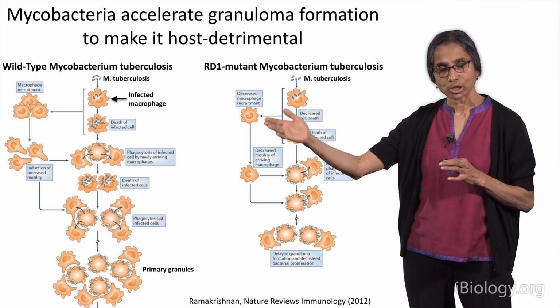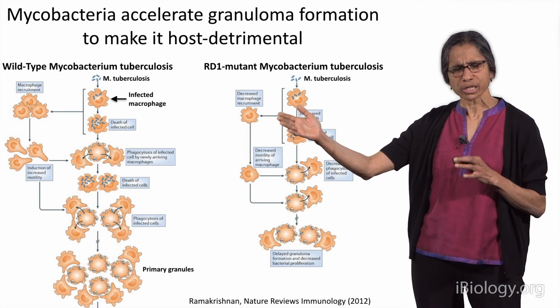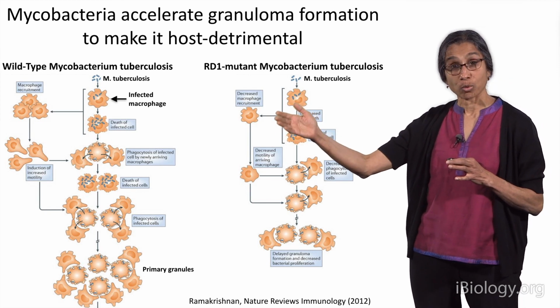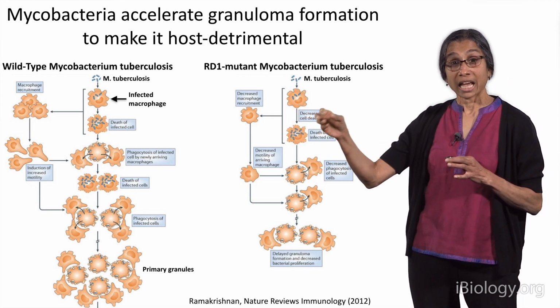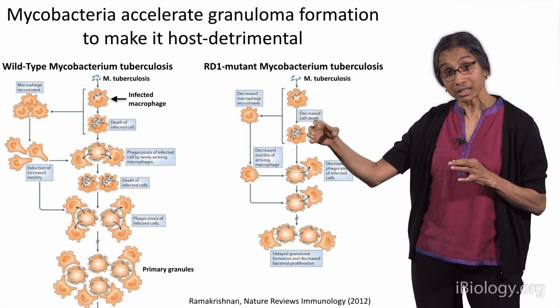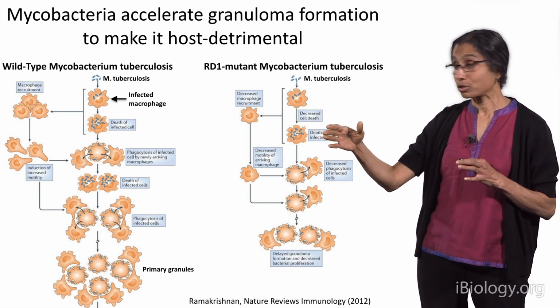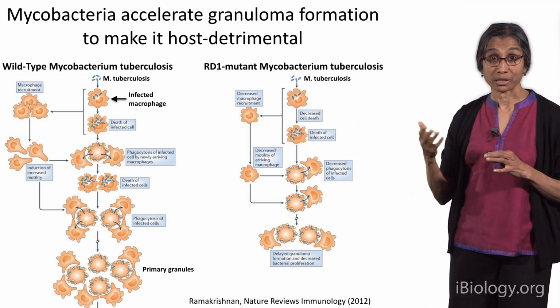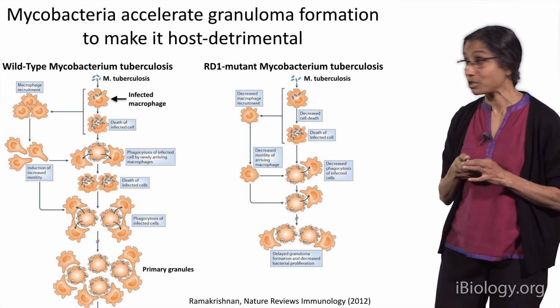New macrophages are slowly recruited at a respectable pace. And now they can eat the dead macrophage one by one, and there's some time for the cells to also kill the bacteria before they're eaten. So you could imagine there's an attrition of bacterial infection. This might be why the BCG vaccine strain is attenuated.